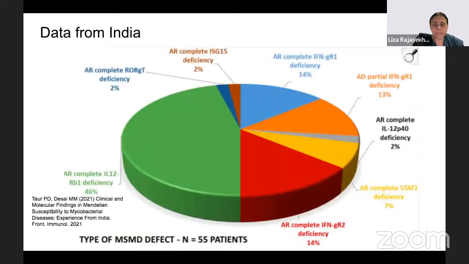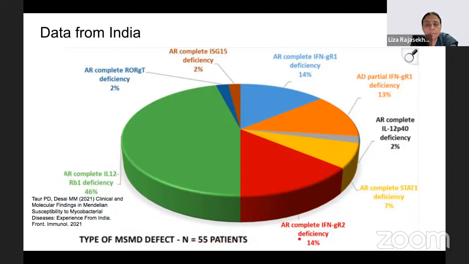Next slide, please. So, MSMD data from India has been collected and published in 2021. As you can see, there are many bits of the pie here. Most of them are referring to complete deficiencies of either IL-12 RB1 in green, or the red and the light blue, which are the interferon gamma receptor 2 and receptor 1 deficiencies, which by far make up most of the pie here.